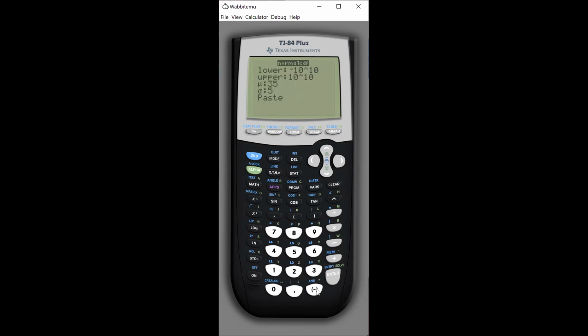Anytime you want to do a negative, you use this button below the 3, not the one above the plus sign, because that will give you an error. Upper bound should be 24. Your mean and standard deviation stay the same. You press enter, and you get exactly the same answer that I got in ClassCalc. So you can use ClassCalc or the TI-83 or 84. Both of them should give you the same answer.